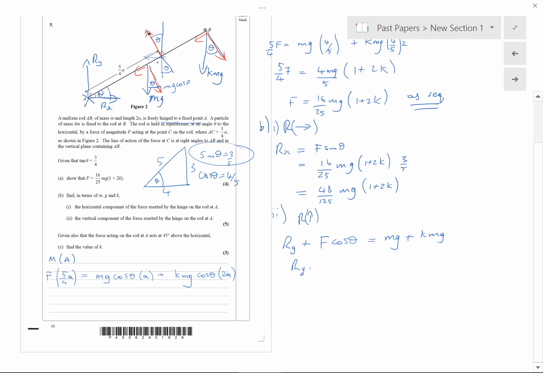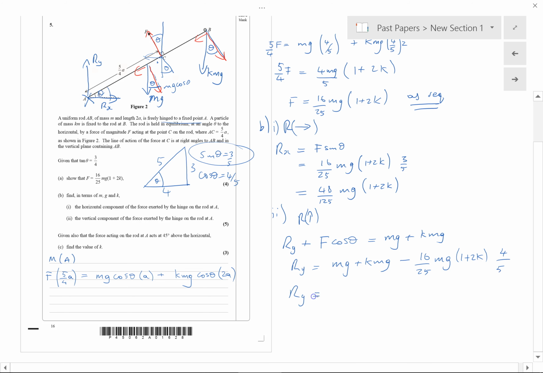So Ry is equal to mg plus kmg minus F cos theta, so that's 16 over 25 mg times 1 plus 2k, and cos theta we've already said is 4 over 5.